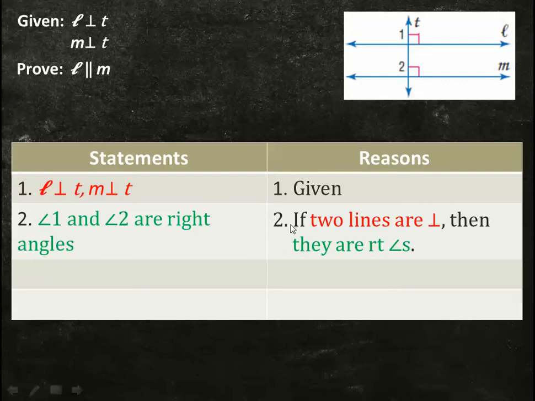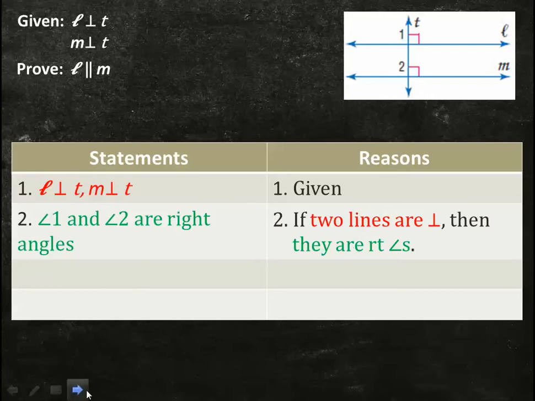Now notice what I did here. Remember I told you always take a previous statement for your if and take the current statement for your then. So I wrote if two lines are perpendicular, then they form right angles. Now what you're supposed to do with this is look at your list of definitions, postulates and theorems, and properties and see what matches up with this statement the best.